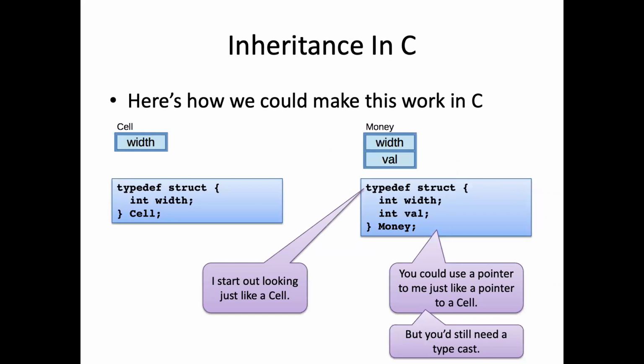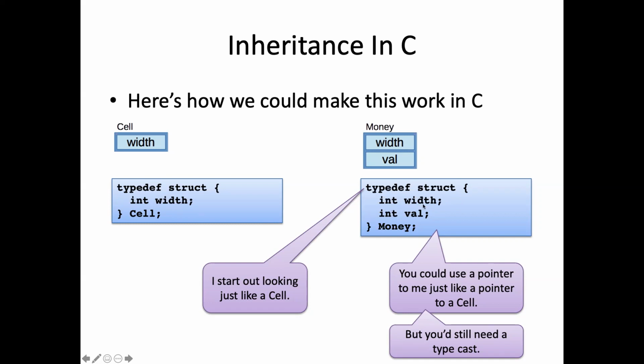So for the superclass, we'll have a typedef for a struct called cell, and all it has is a width field. For the money subclass, it's a different struct. We're going to use it as if it's a subclass of cell. So we put the same width field right there at the start.